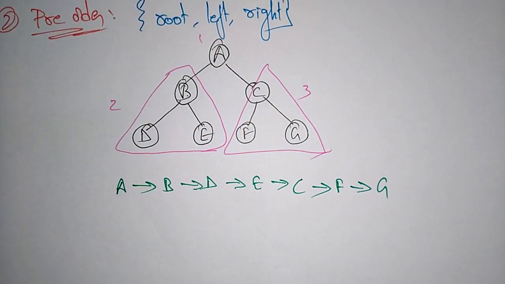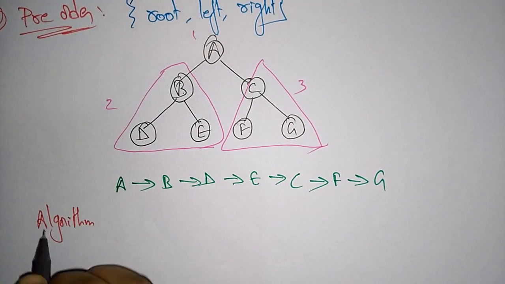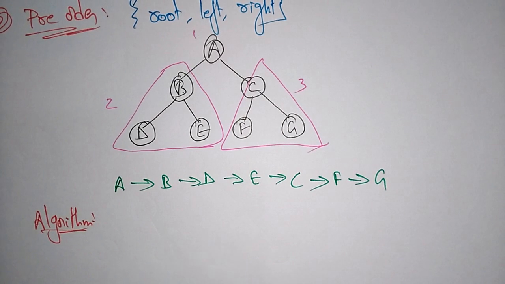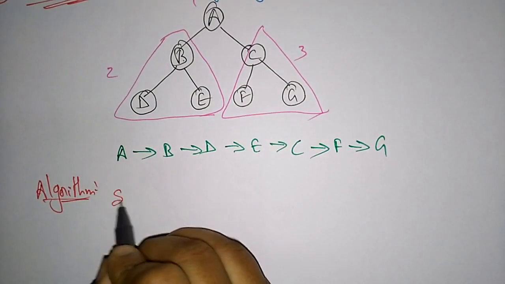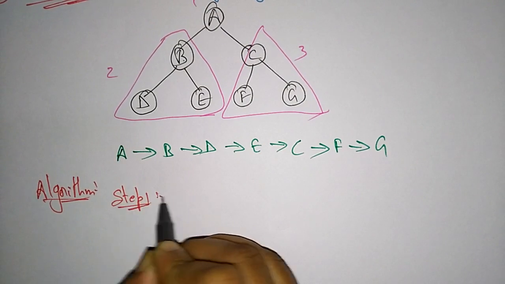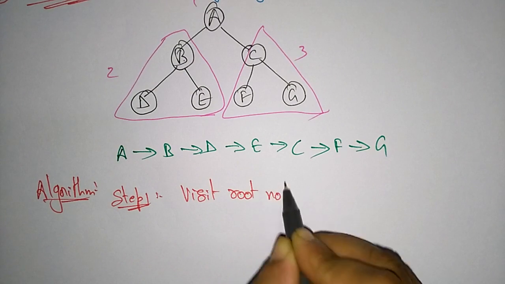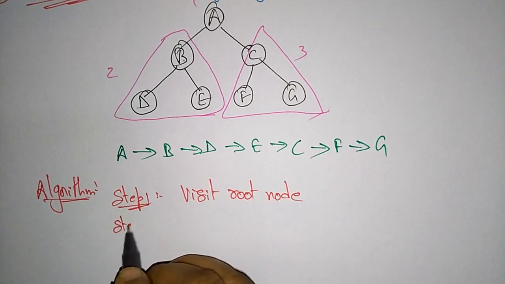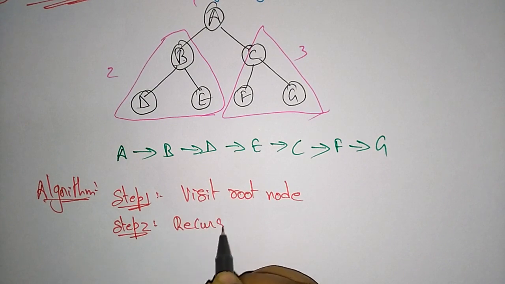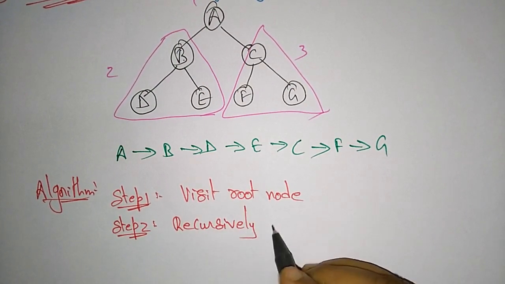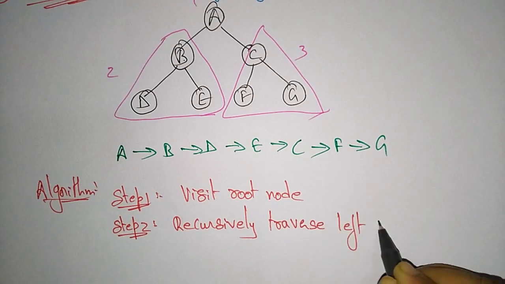Now what is the algorithm for this? Until all nodes are traversed, you have to repeat the steps. Step 1, first visit the root node. Step 2, recursively traverse the left subtree.